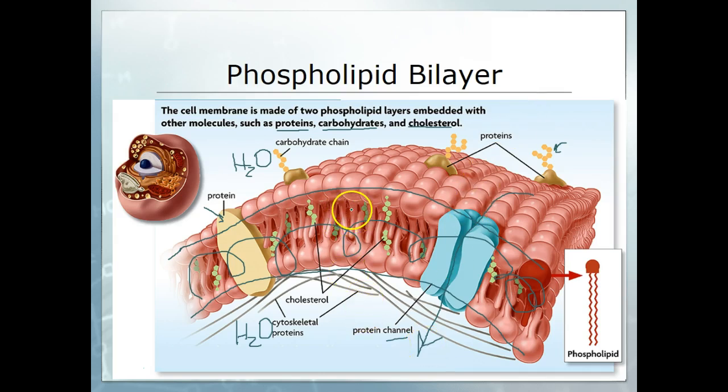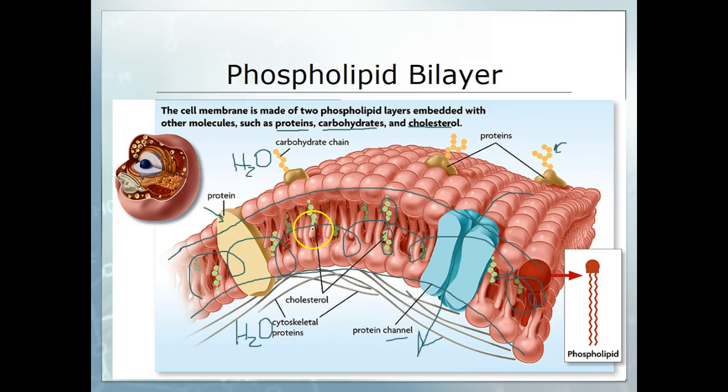One of the most important parts of this bilayer are these little molecules here, and those are cholesterol. Cholesterol adds structural integrity to the membrane. If you think about a brick wall, bricks are not just stacked on top of each other, they're actually cemented to each other with a layer of mortar between them.